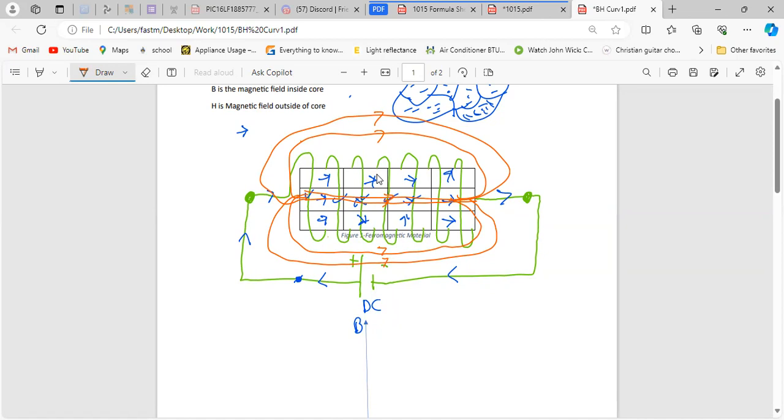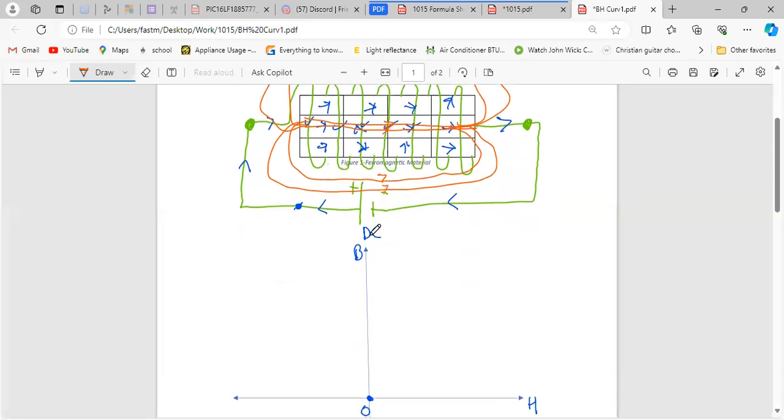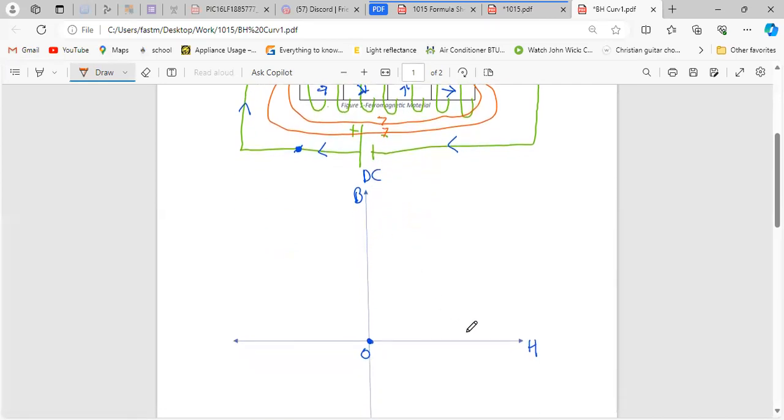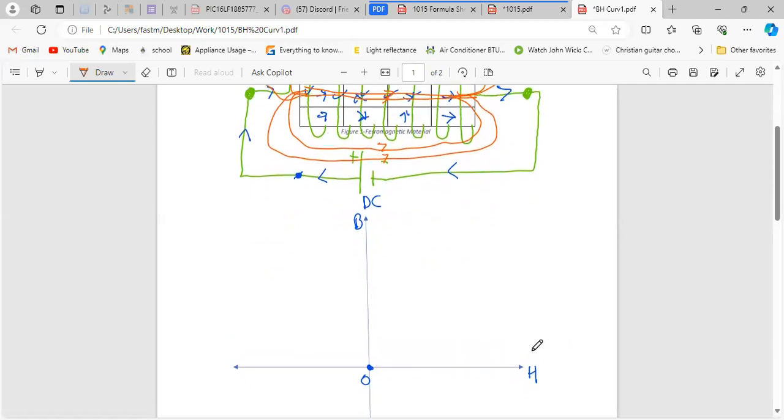What happens now is that as the current increases, or as the field intensity increases, the magnetic field inside the core will increase also. The more current I have, the more flux I have, and the more flux I have, the more flux density I have.